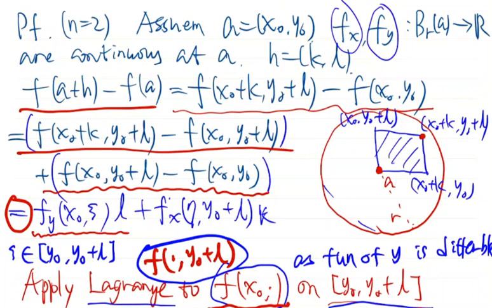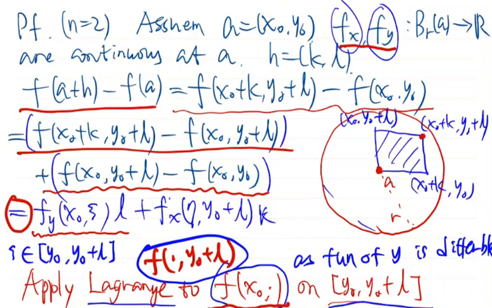Now we use the continuity of fx and fy. At this point we have not proved the differentiability of f because the coefficients of k and l involve xi and eta.